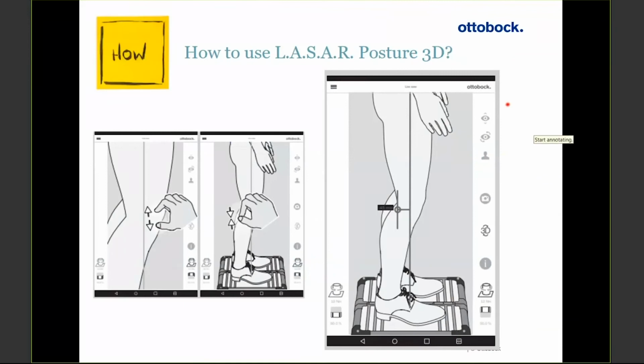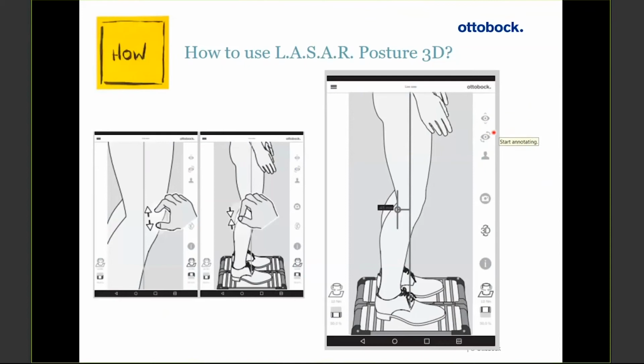So the very top button here, this little camera eye button, when you're looking in the coronal plane, will project a vertical line, and I'll speak about that in a second, for you to check the leg length, or if there's a leg length discrepancy, or if your prosthesis is too long or too short. You can press on that button and you will get that view from the camera.